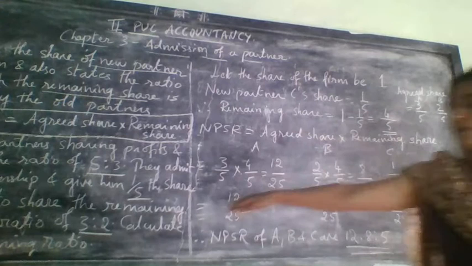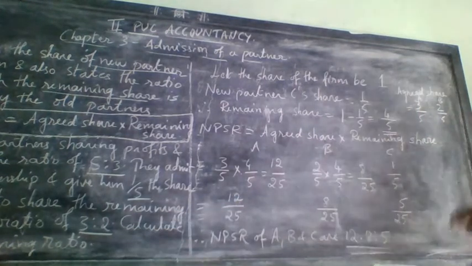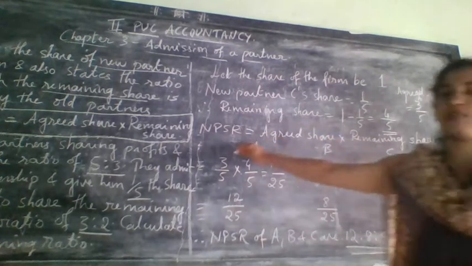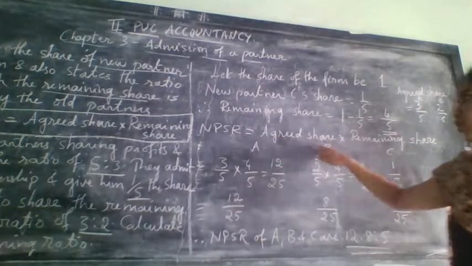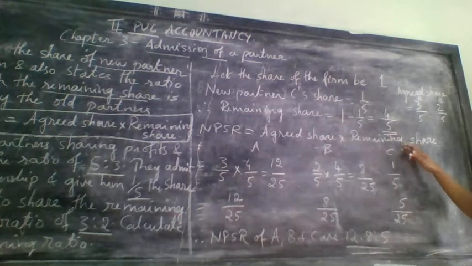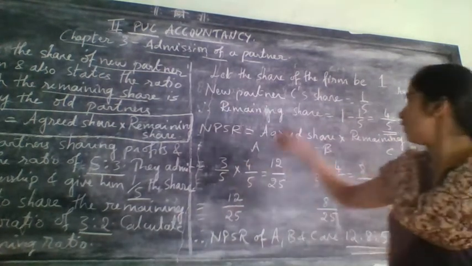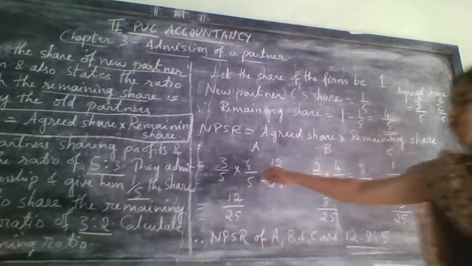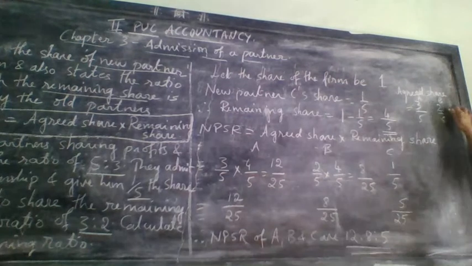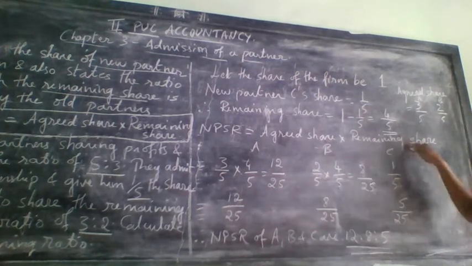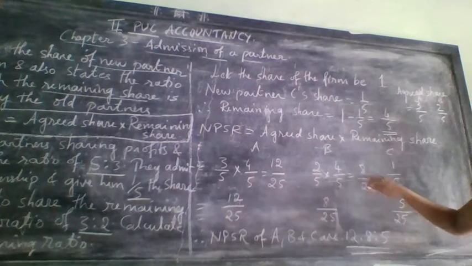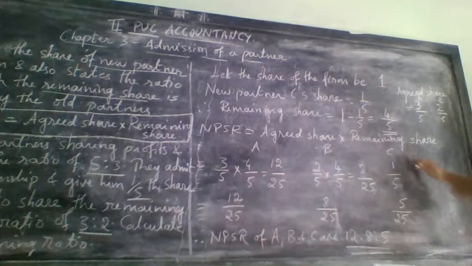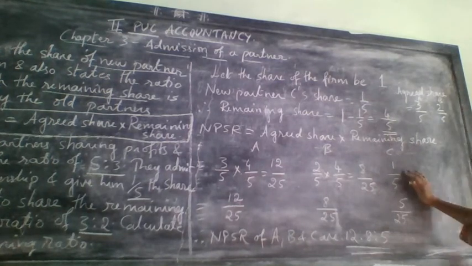Next, write the agreed share. It is given in the problem, the ratio of 3:2, that is 3/5 and 2/5. Next, write the formula. New profit sharing ratio is equal to agreed share into remaining share. Agreed share of A is 3/5 into remaining share 4/5, and agreed share of B is 2/5 into remaining share 4/5. Also write the new partner share along with that, so that you don't leave him out.